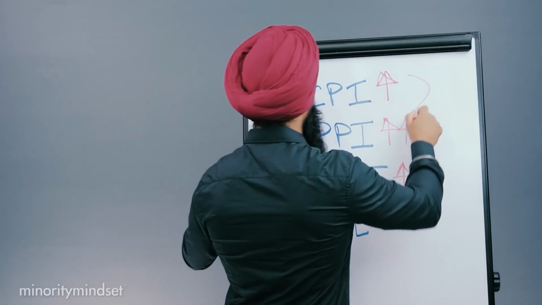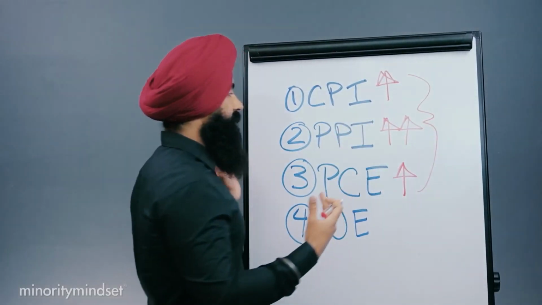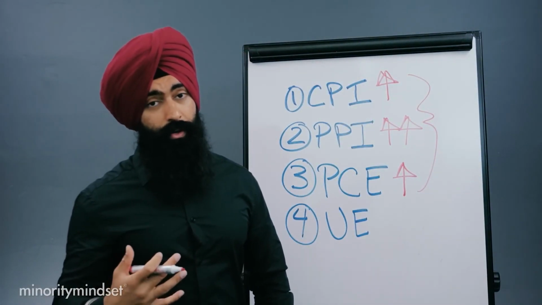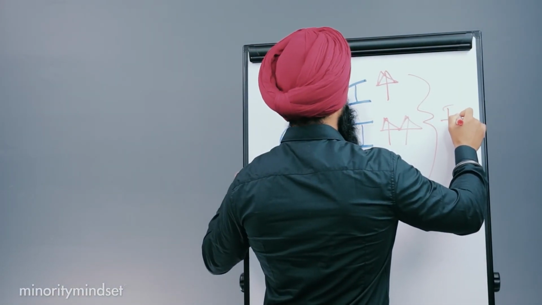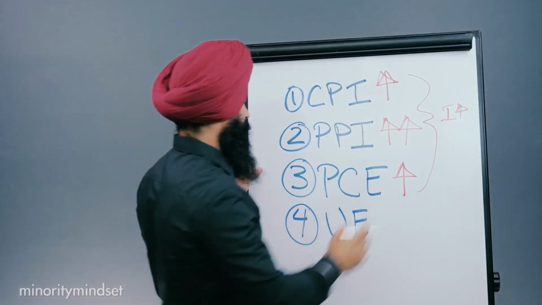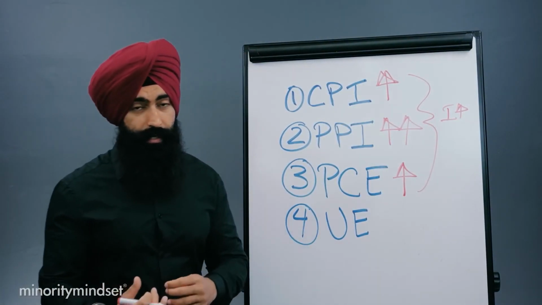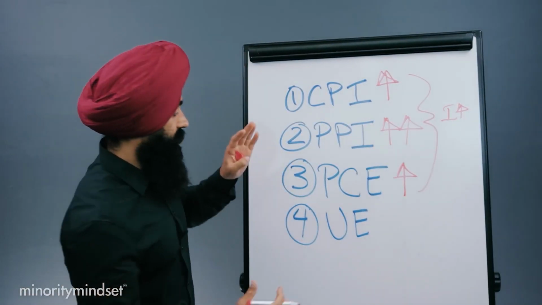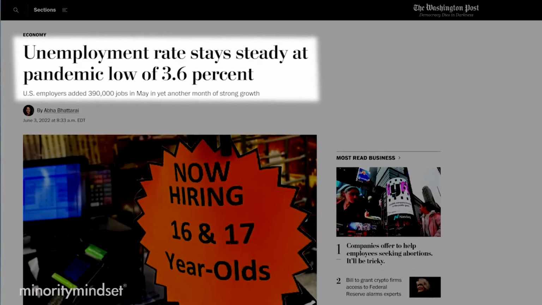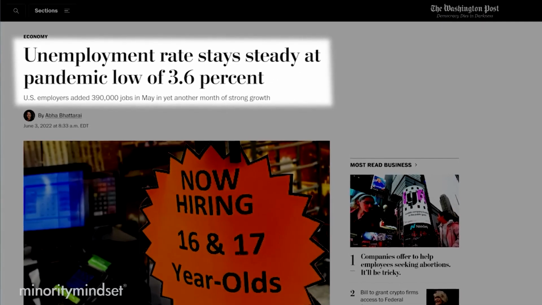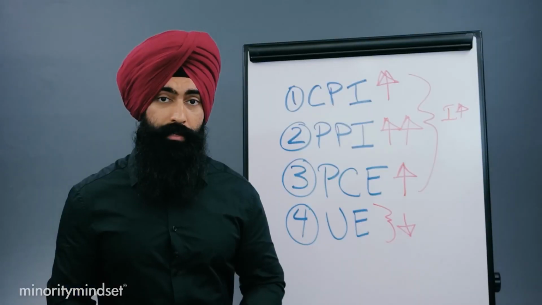So when you factor all these things together, what this tells us is we have a long and painful inflation fight ahead. So the Fed needs to do more things to fight inflation. But then if you look at the other side, now the economic side, which is the unemployment, unemployment today is extremely low. We are hovering at some of the lowest unemployment numbers ever.